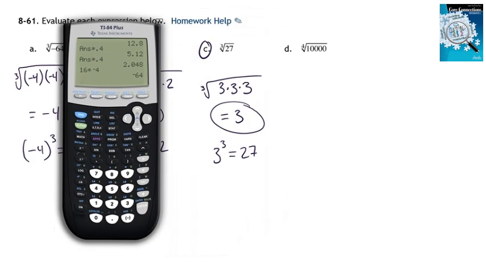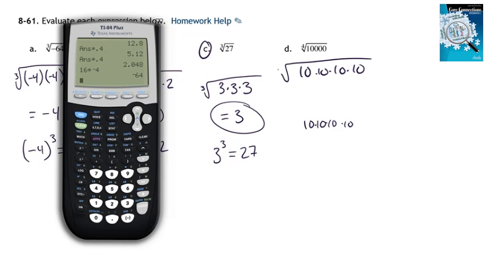And then the last one here, how many... well, let's see, 10 times 10 is 100, times 10 is 1,000, times another 10 is 10,000. Oh, that's great, right? So it is 10 times 10 times 10 times 10.